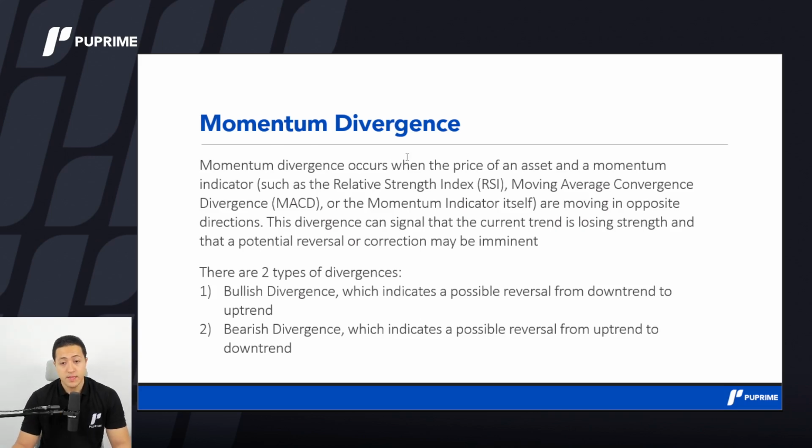Okay, so momentum divergence occurs when the price of an asset and a momentum indicator, any momentum indicator, such as RSI, moving average convergence divergence, which is the MACD, or the momentum indicator itself, are moving in opposite directions.